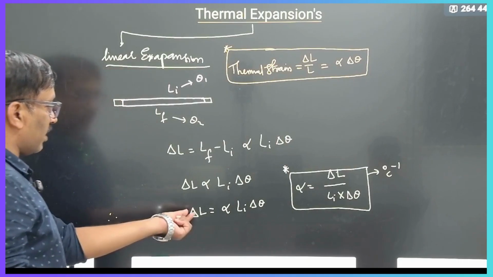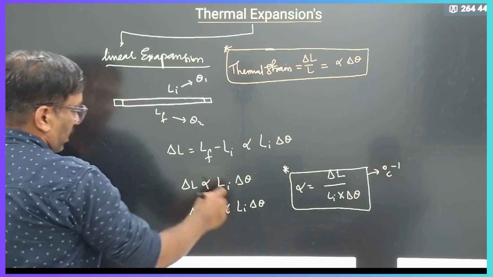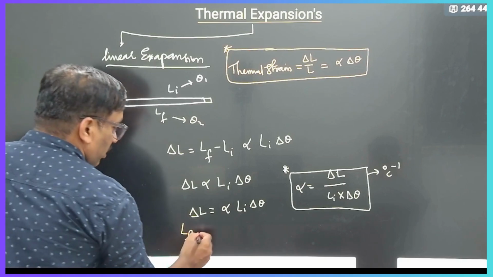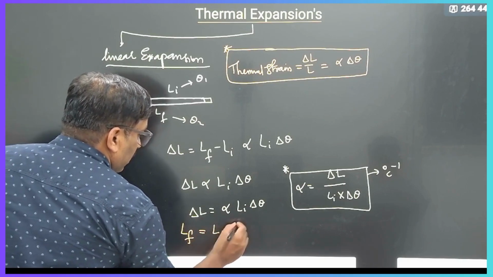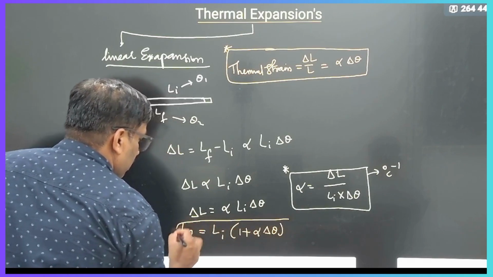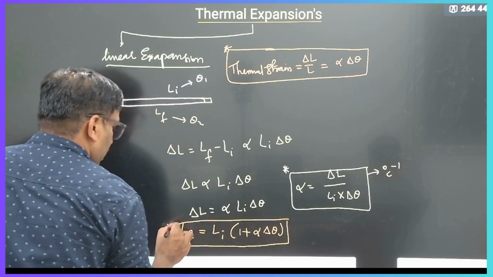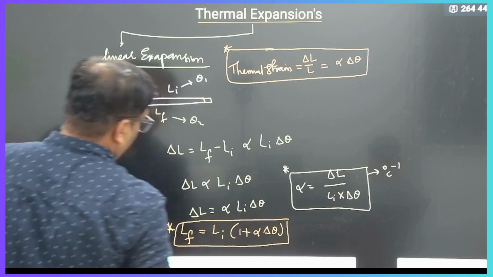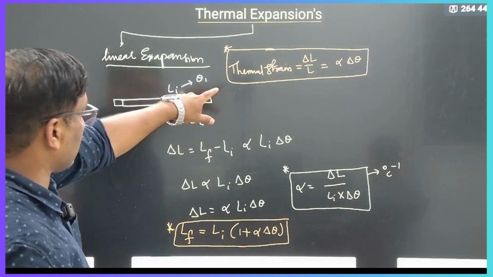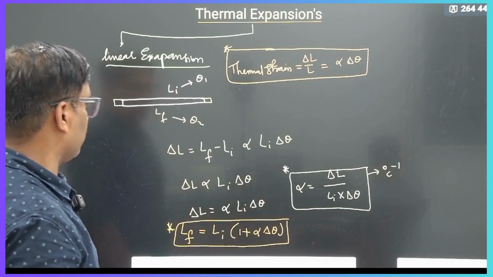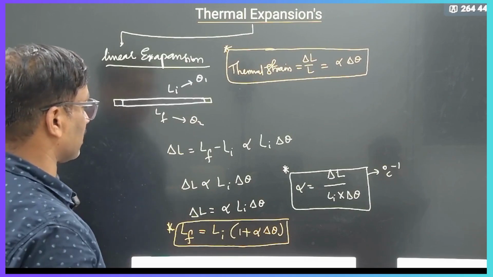Also, final length minus initial length gives the final length equal to initial length into (1 plus alpha delta theta). So this is the change in length, this is the final length, and this is your alpha value, right?